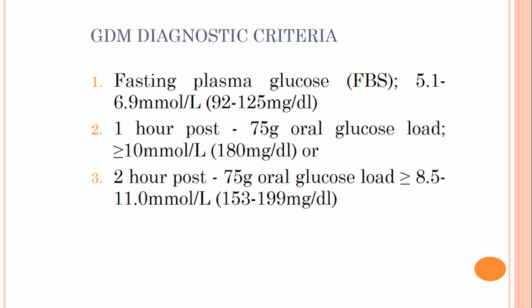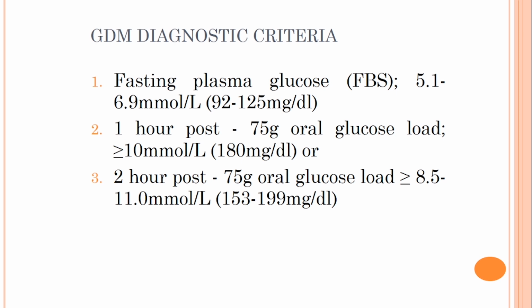Or number 2, when 1 hour post 75-gram oral glucose load gives a value of greater than or equal to 10 millimole per liter. Or when 2 hour post 75-gram oral glucose load gives a value of 8.5 to 11 millimole per liter. 11 millimole per liter falls short of 11.1 millimole per liter by 0.1.